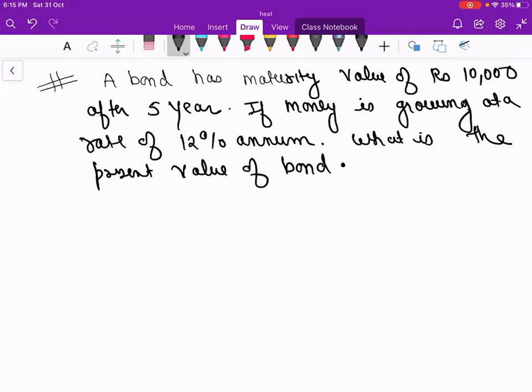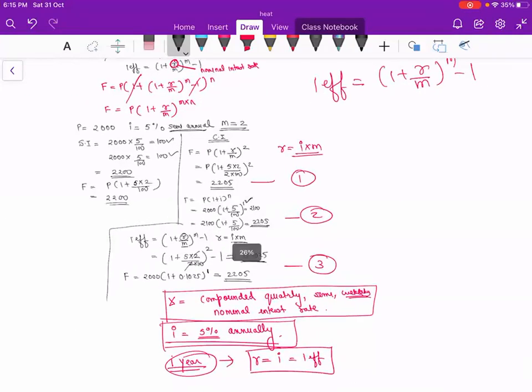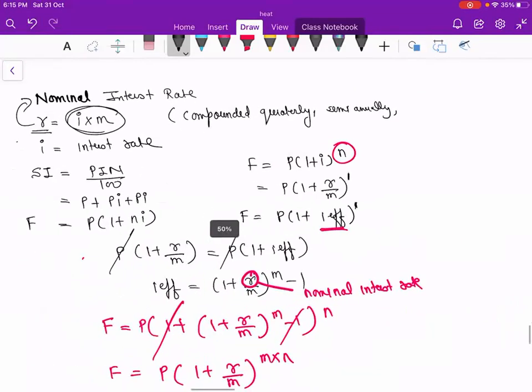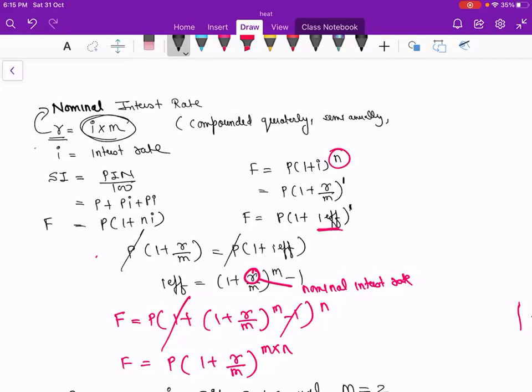Okay, calculate this. Someone wants to take a snapshot of this, take a snapshot. Yes, 21176, correct answer.